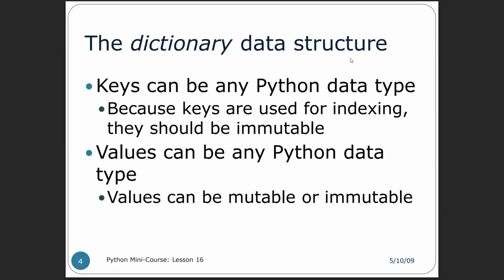So remember these two points. Keys in the dictionary always should be immutable, but values in the dictionary can be mutable or immutable. Whatever values are mapped to the keys, that doesn't matter. You can choose as you like.